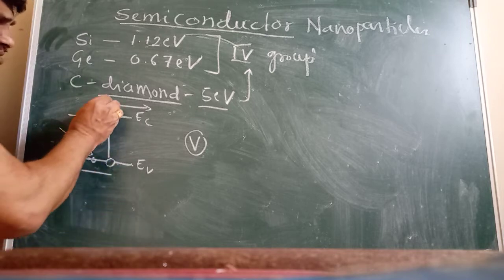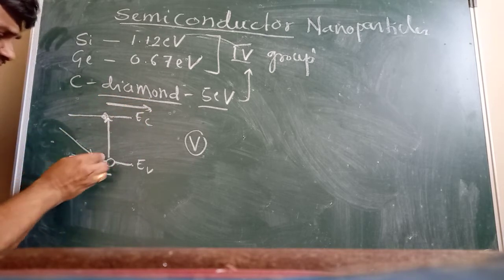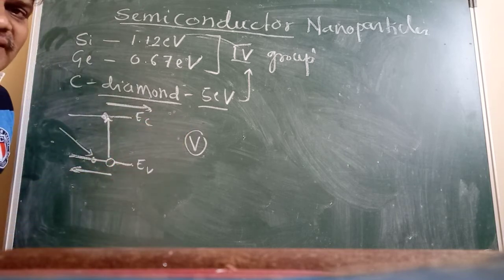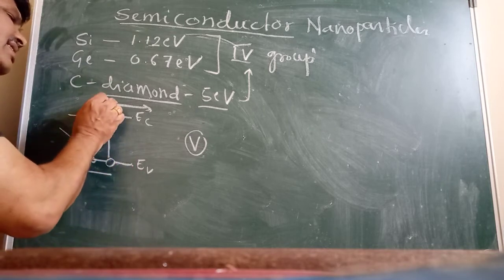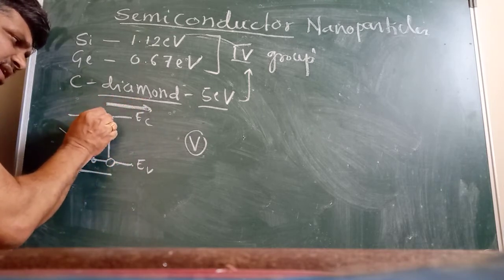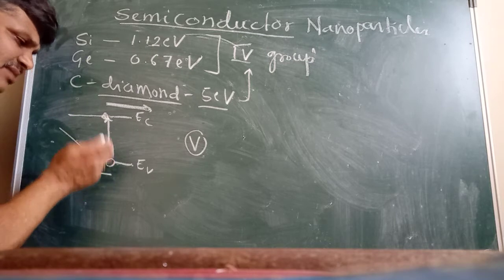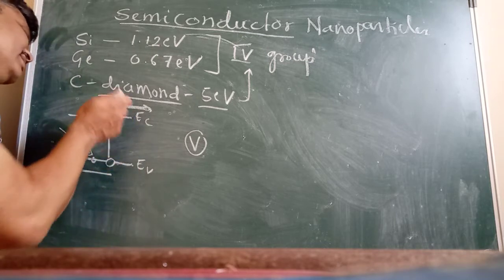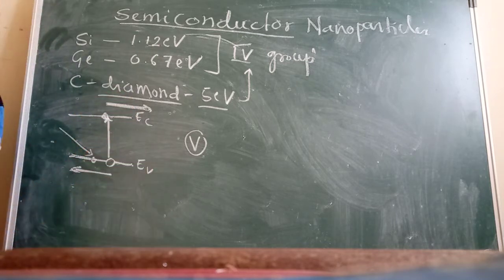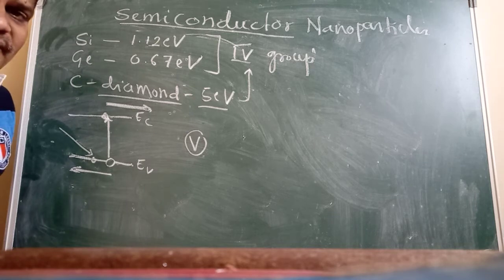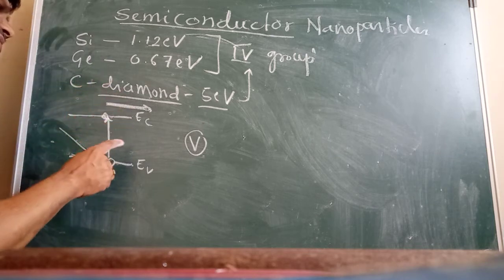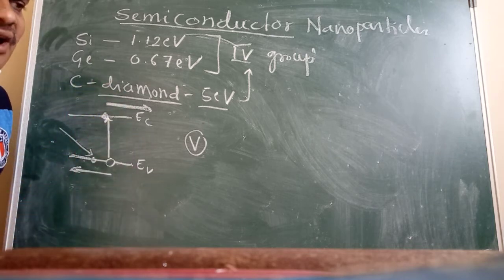Because one electron goes in one direction and one hole in the other, so the effective current practically cancels. But we get a little current because the mobility of the electron is larger than the mobility of the hole, since the electron is in the conduction band and the hole in the valence band. That is not sufficient for various applications in electronic circuits, so intrinsic semiconductors have very limited applications.